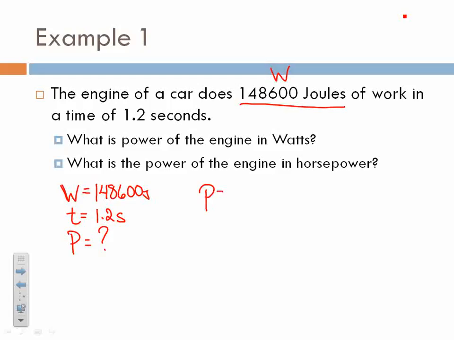My equation is simple: power is work over time. I'm looking for my power. I get a work of 148,600 joules divided by my time of 1.2 seconds, and when I do this, I get 207,167.